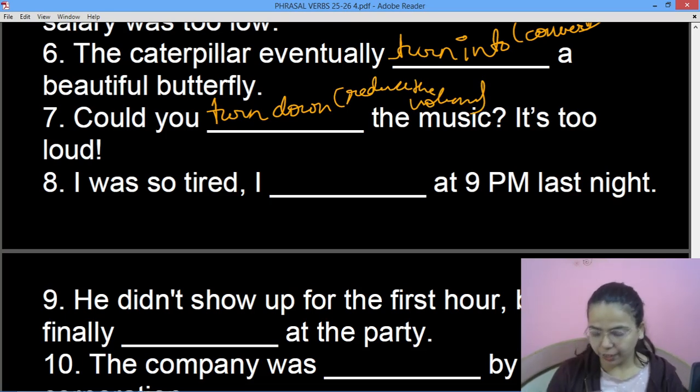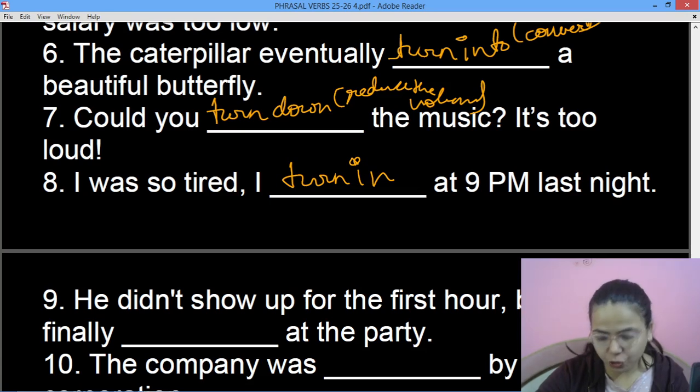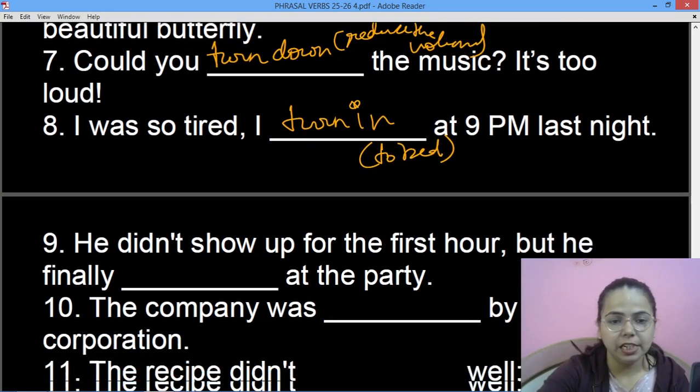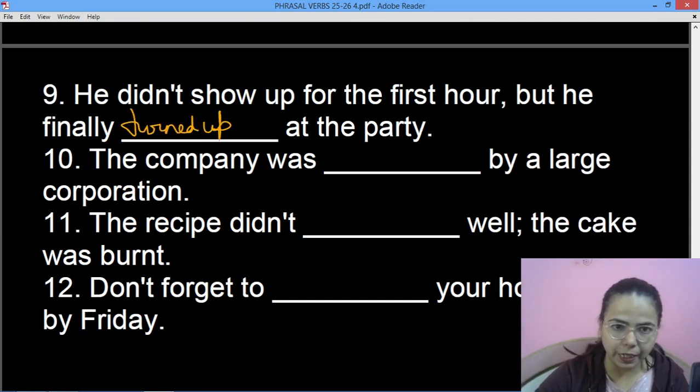I was so tired. Eighth one, I was so tired I turned in, means went to bed. ठीक, बेड पे जाना, at 9 p.m. last night. He did not show up for the first hour, but he finally turned up at the party, means to come, visit the party.